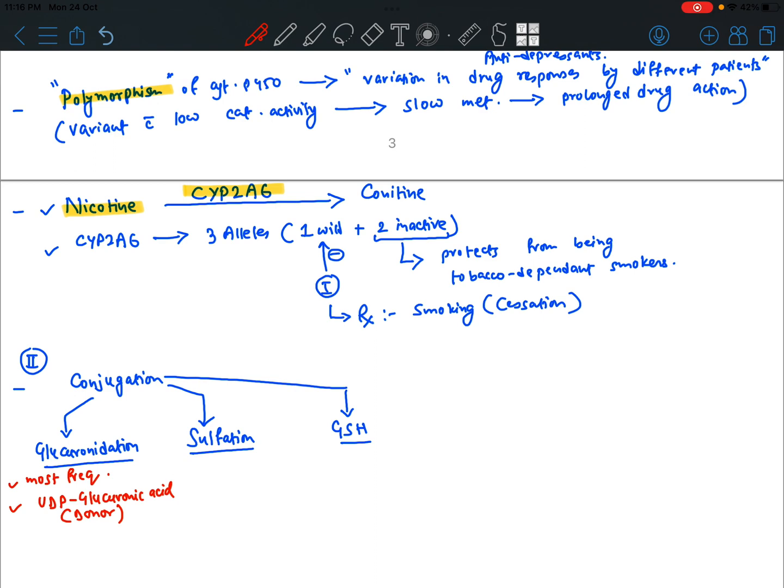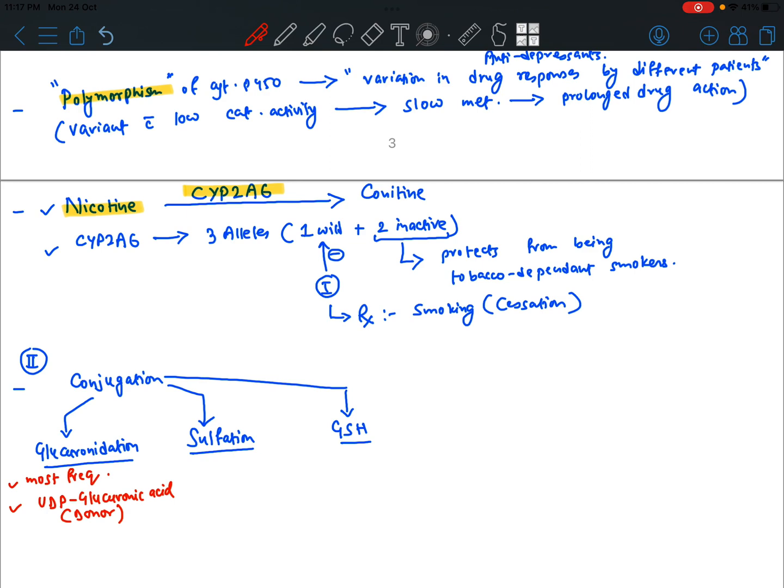It's similar to bilirubin, right? From heme, with the help of heme oxygenase we get biliverdin, then with biliverdin reductase we get unconjugated bilirubin, which goes to the liver, then with UDP glucuronyl transferase.